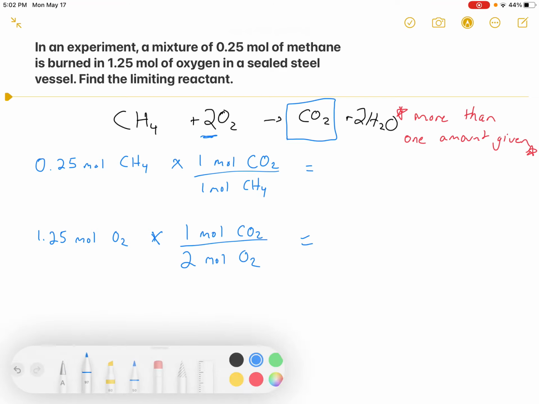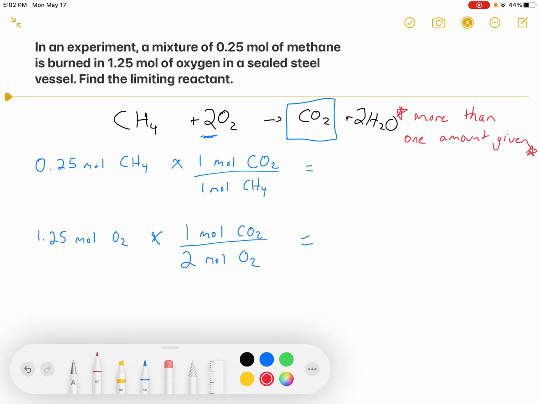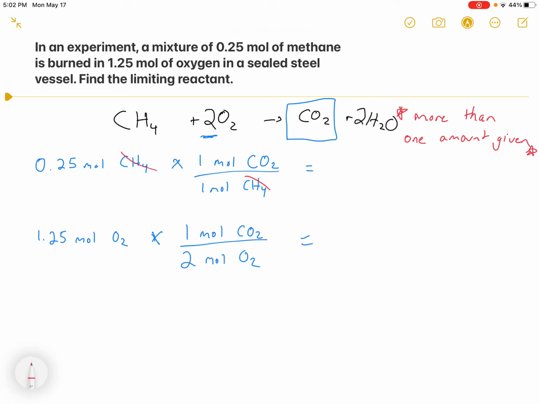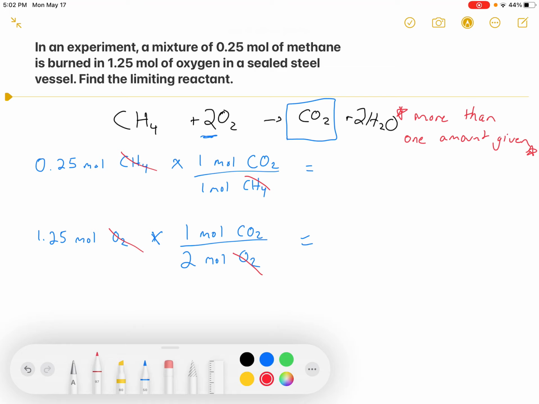And then we're just going to multiply those together to figure out how many moles of CO2 would be produced from each of those reactants on their own if it were limiting. I know that I've set them up correctly because our units cancel out and we're left with units of moles of carbon dioxide.